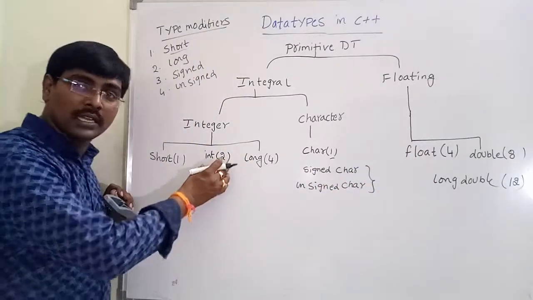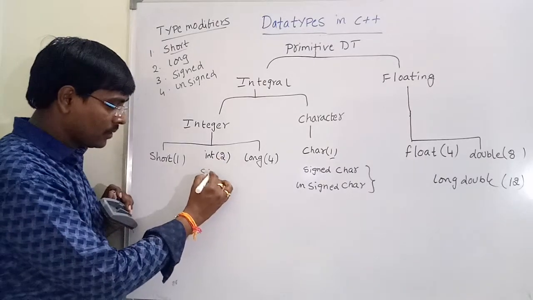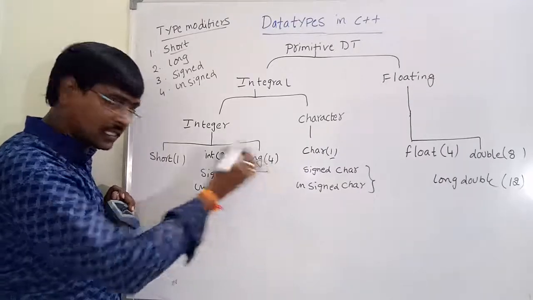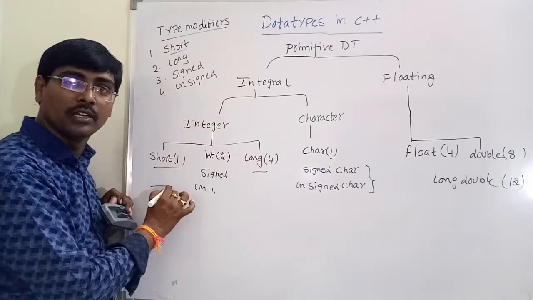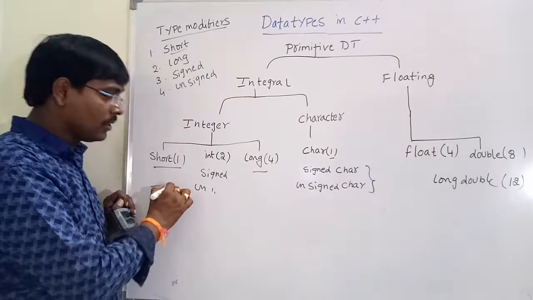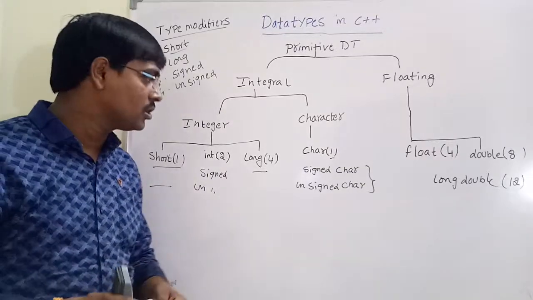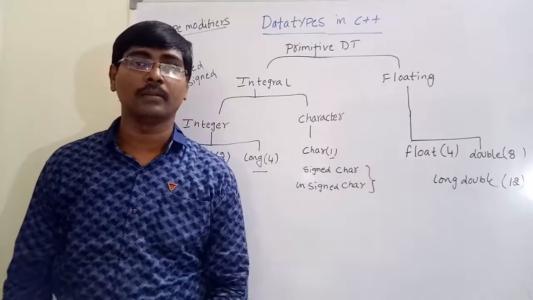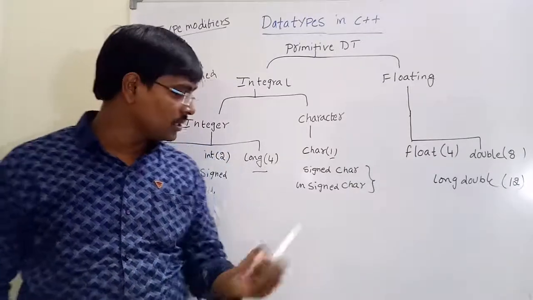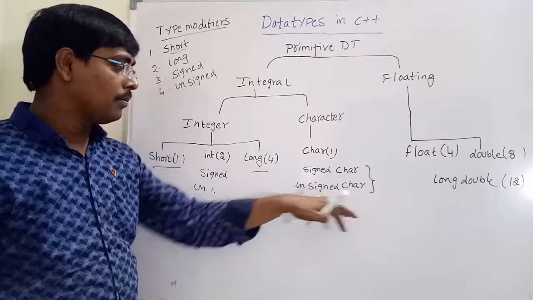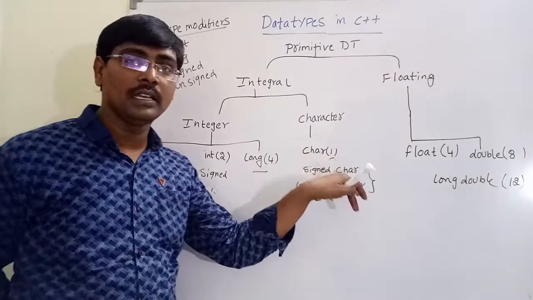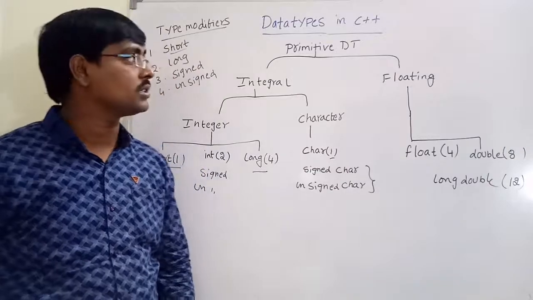Similarly, integer, signed int, unsigned int, signed long, unsigned long, signed short, unsigned short. By default, whether you mention it or not, all the data types are signed. If you want to represent only positive, mention unsigned. If nothing is mentioned, by default they are signed characters.